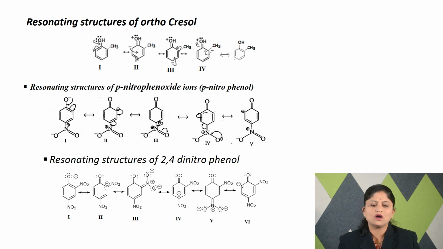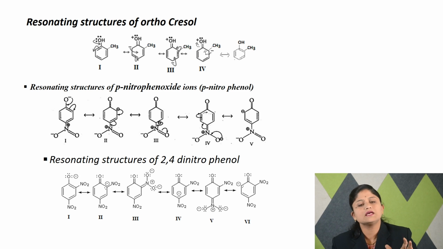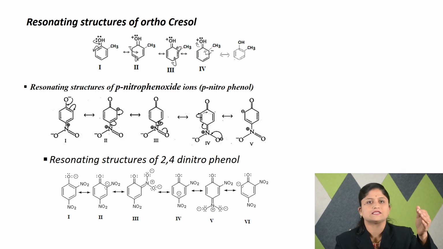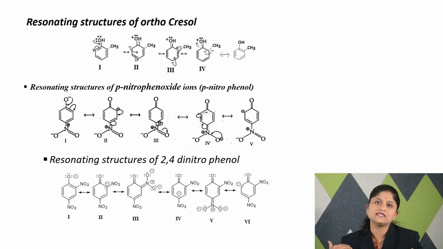In this case also, cresol being a phenol derivative is going to behave as an acid, immediately donate its H plus ion, and due to the presence of oxygen as an electronegative atom, it is able to pass its negative charge on to the adjacent carbon atom. So basically, 4 resonating structures are produced by the cresol nucleus.